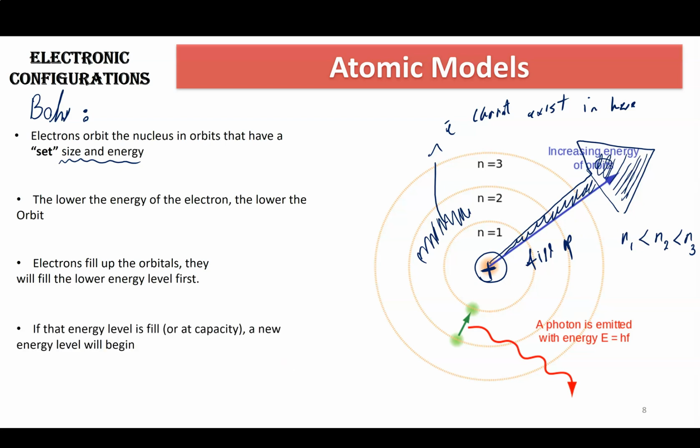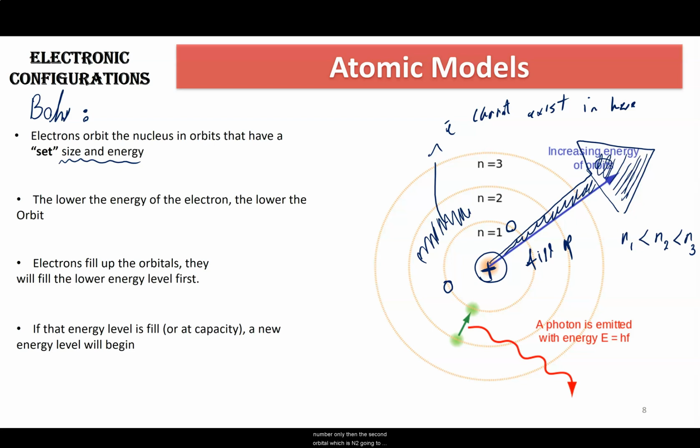And each one of those orbitals will have a very restricted number of electrons that they can accept. Once that number is reached to the capacity, only then a new energy level is created. What does that mean? That means that if you have placed, let's say, 2 electrons here, and N number 1 can only take 2 electrons, that means that it cannot take 3, and that is the maximum number.